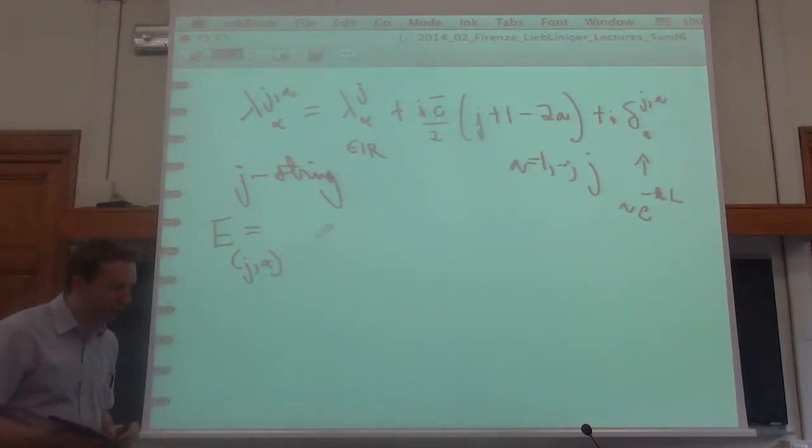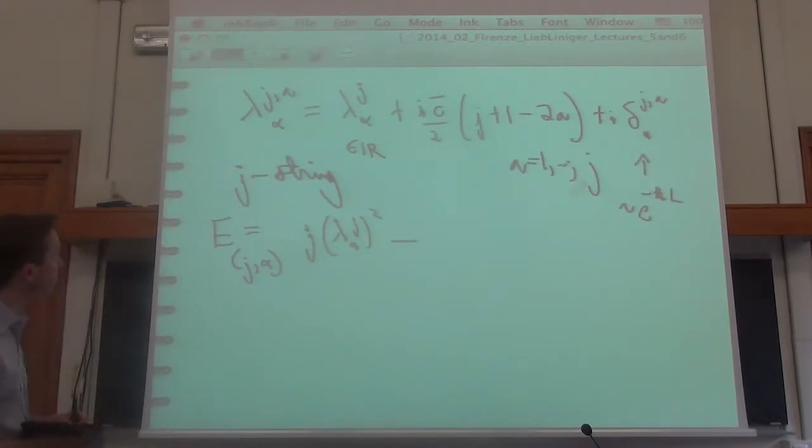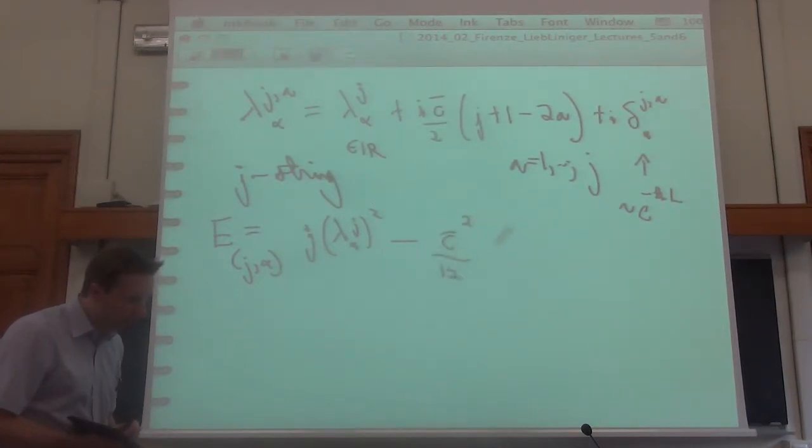So the energy of a string is like this. You've got the lambda j alpha squared, but now there's another term that comes from just summing this thing here. You need to take the square and sum it, so it becomes proportional to j cubed, and the coefficient of proportionality is c bar squared over 12, j times j squared minus 1.